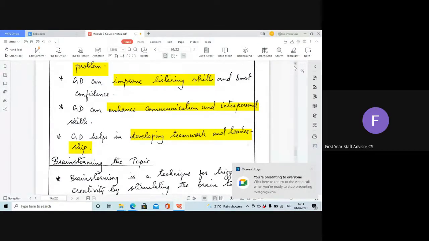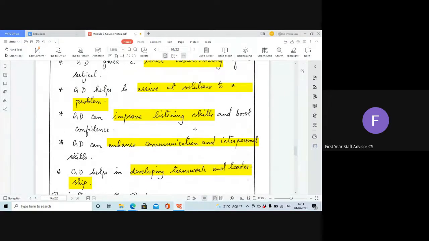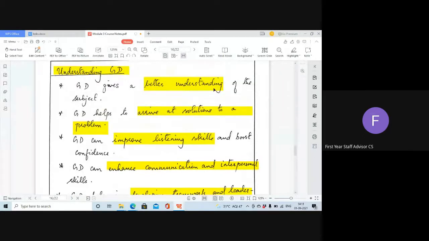Then it will improve your communication and interpersonal skills. These 2 points you had said, that is listening skills and leadership skills. Then it will enhance your communication as well as interpersonal skills. That is how you deal with other people. And also it allows you to arrive at solutions.